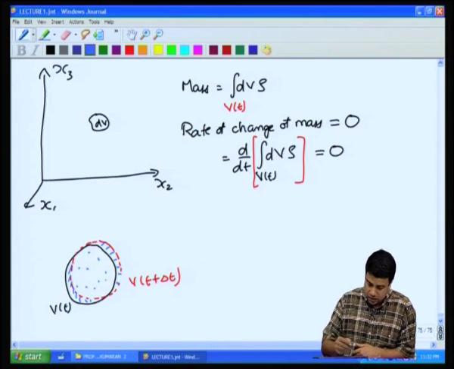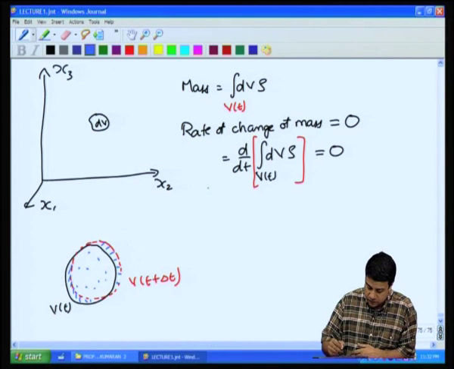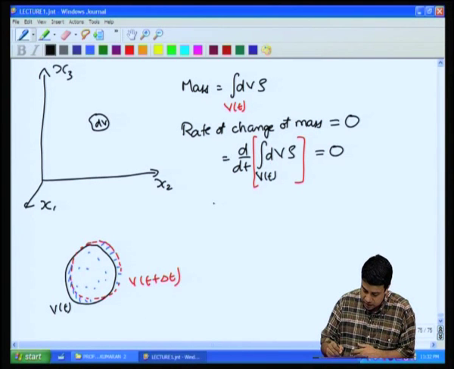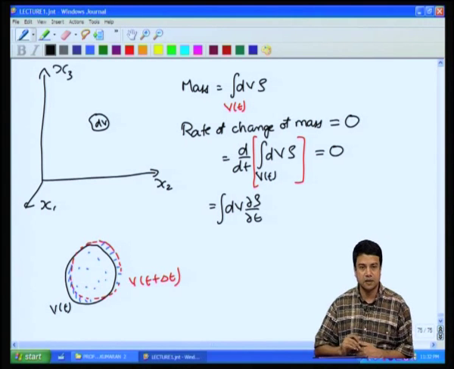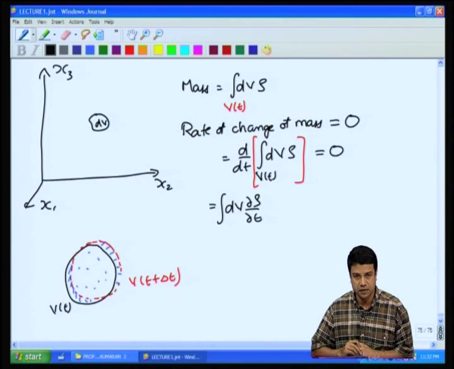So, the change in mass due to the change in density itself is just the integral dV of partial rho by partial t. That is the change in mass because the density is changing within this differential volume. In addition, there are certain parts that have come in and certain parts that have left.